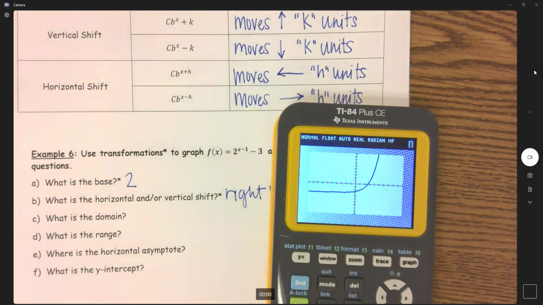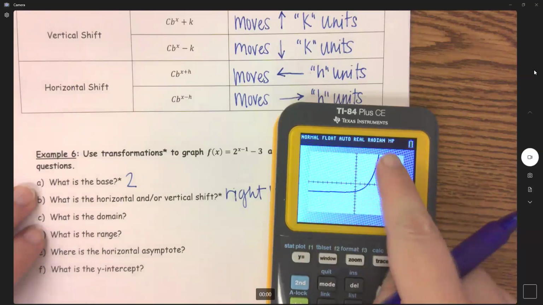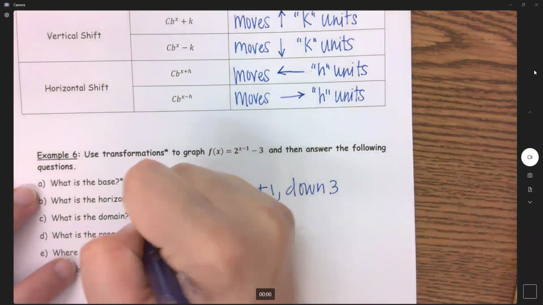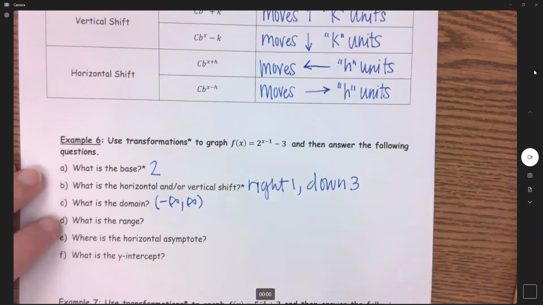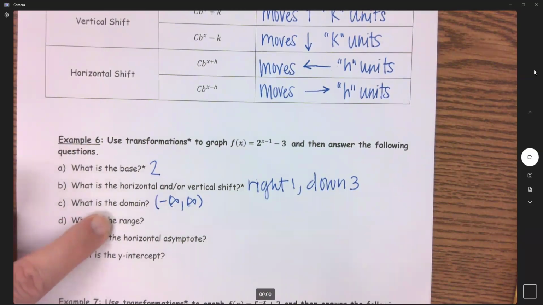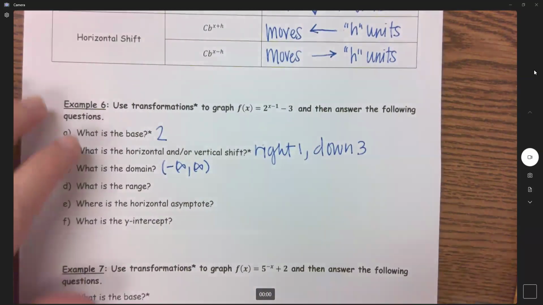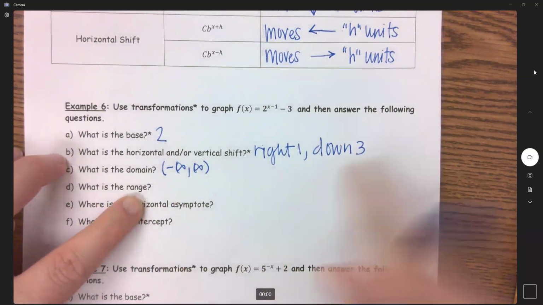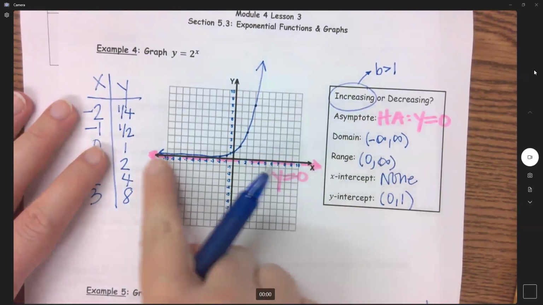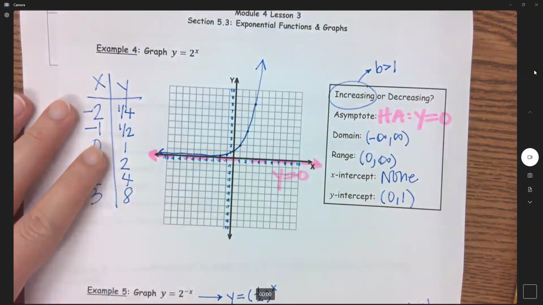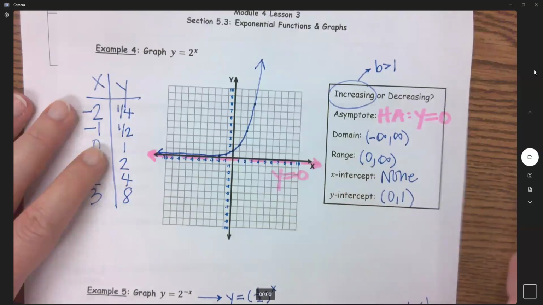So what is my domain? It goes from negative infinity to positive infinity. Your domain is always going to be all real numbers. Now the range is going to change depending on how this graph is shifted vertically. Because this has been shifted down, this is my starting point here. Everything has been shifted down 3 units, meaning my horizontal asymptote has been shifted down and my range has been shifted down.